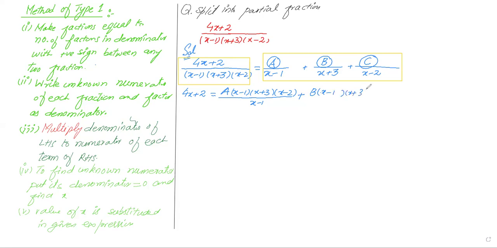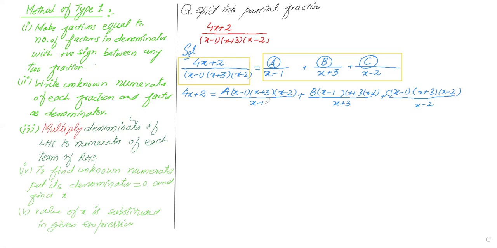So x plus 3, x minus 2 divided by x plus 3, plus the same denominator you will multiply on the right hand side. The denominator is x minus 1, then you have x plus 3, then you have x minus 2 divided by x minus 2.